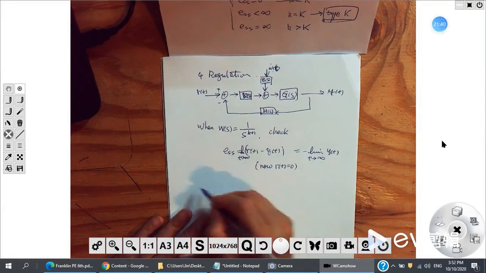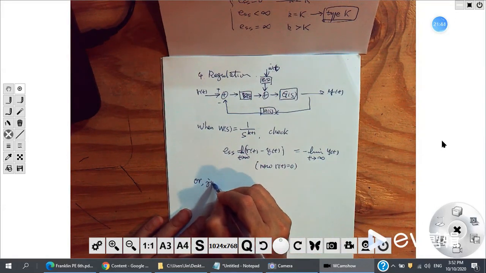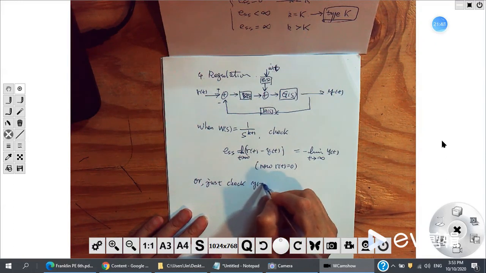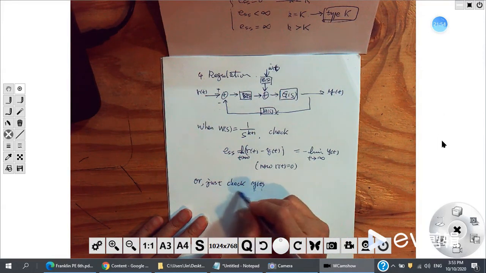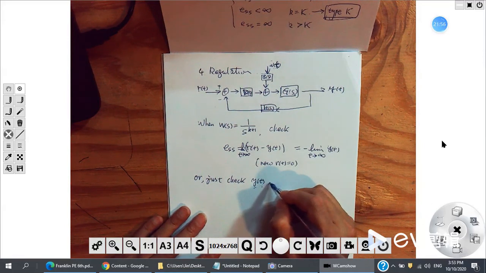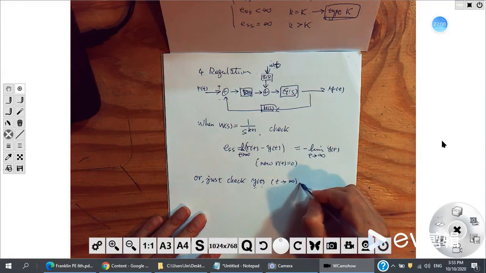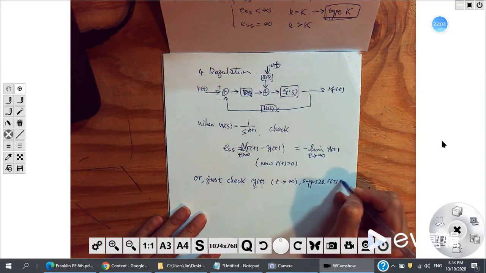You can also just check y of t. We want to see the limit of this, whether this can be cancelled to be 0. Right? We check this one for t going to infinity.